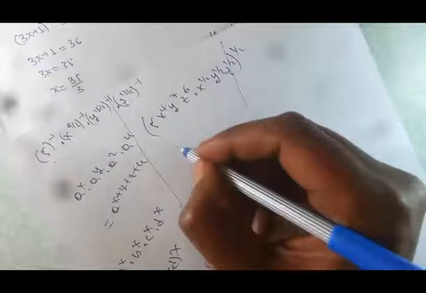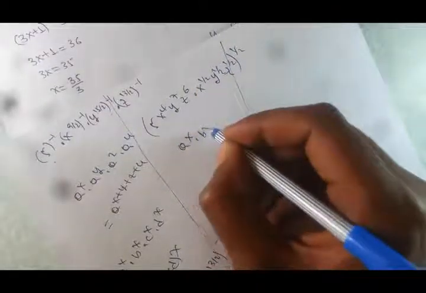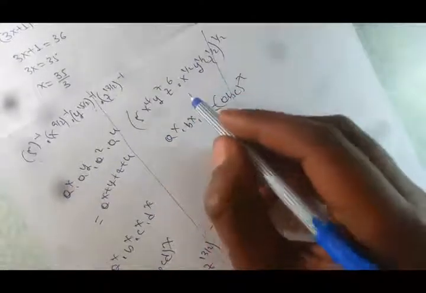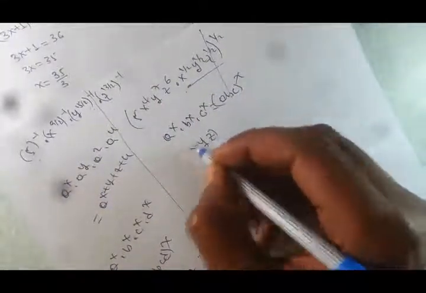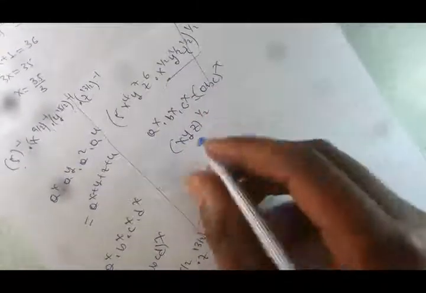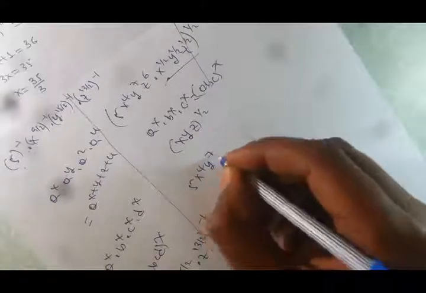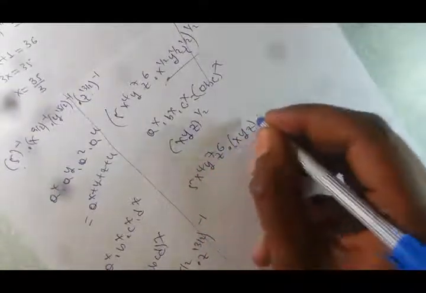And we know that a raised to x times b raised to x times c raised to x can be written as abc raised to x, if their exponents are the same, we will multiply their base. Therefore this can be written as xyz raised to 1 over 2. Therefore 5 x raised to 4 y raised to 7 z raised to 6 times xyz raised to 1 over 2.